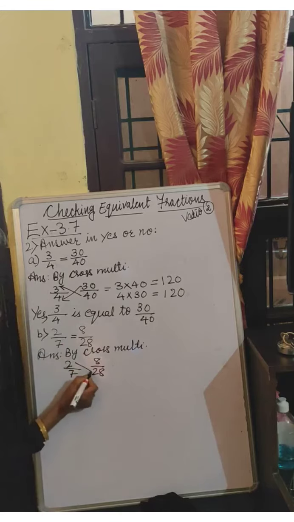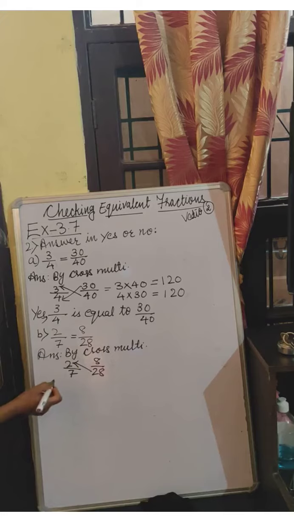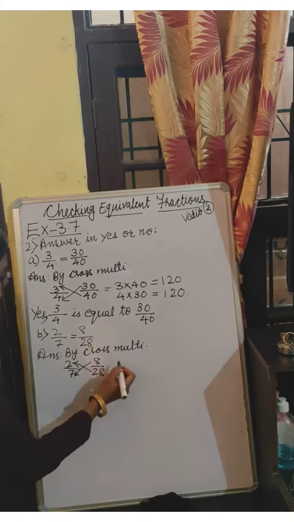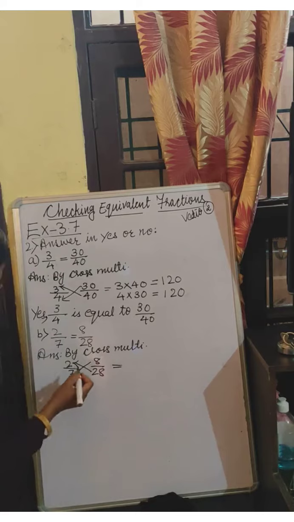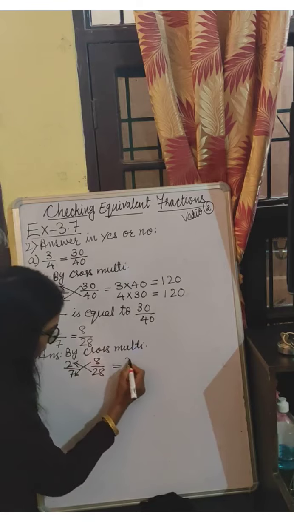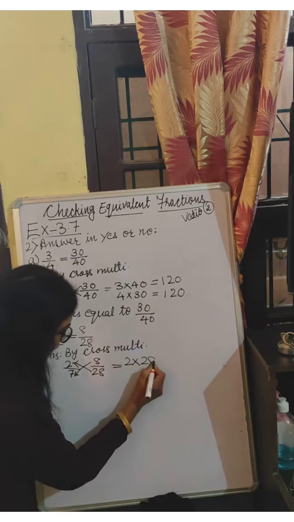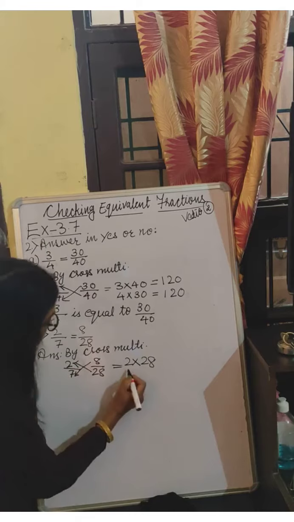You will put the arrow here and the numerator multiply by denominator of the second fraction, denominator of the first fraction multiply by numerator of the second fraction. This way arrow will be pointing to the first fraction. Now you write 2 multiplication statements. We got 2 into 28 and 7 into 8.